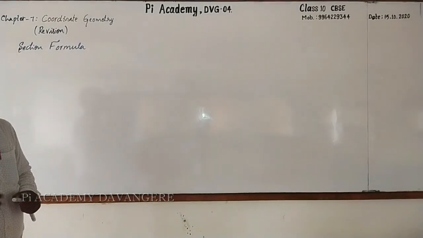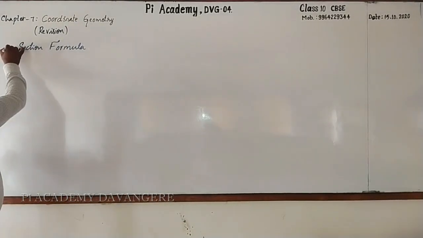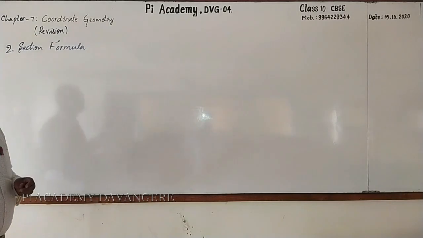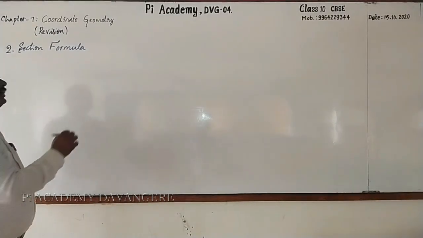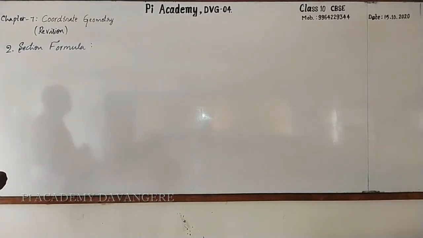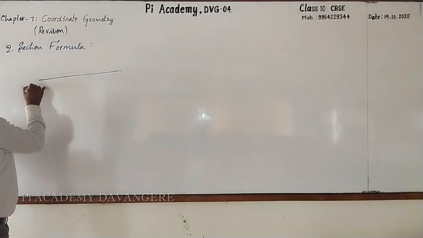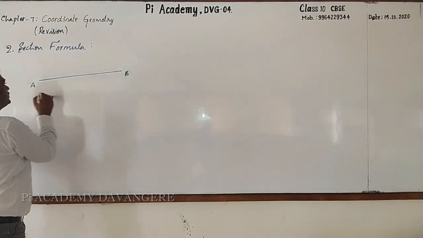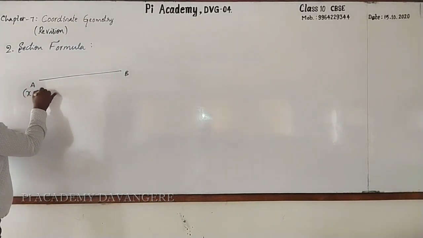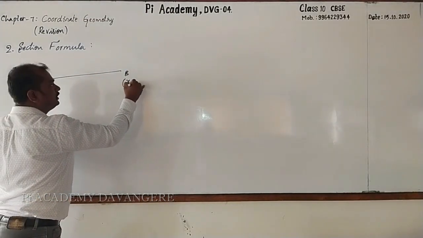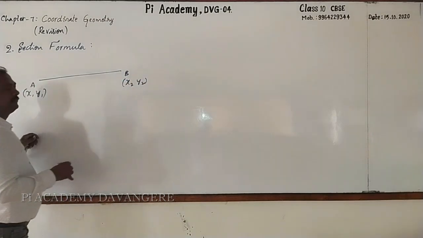Copy this. Dear students, now we are moving to the second concept, that is section formula. Then what is the section formula? Look here, we have 2 points. One is A and another one is B. Its coordinates are x1, y1 and x2, y2 respectively.